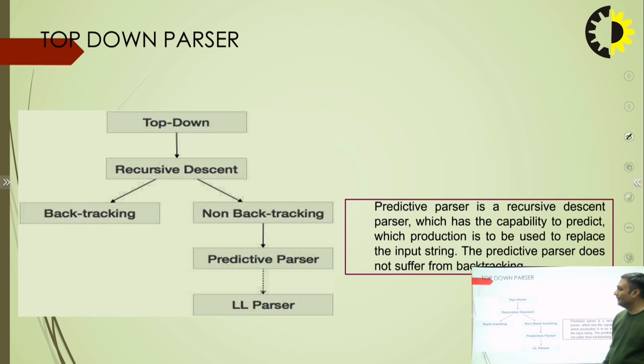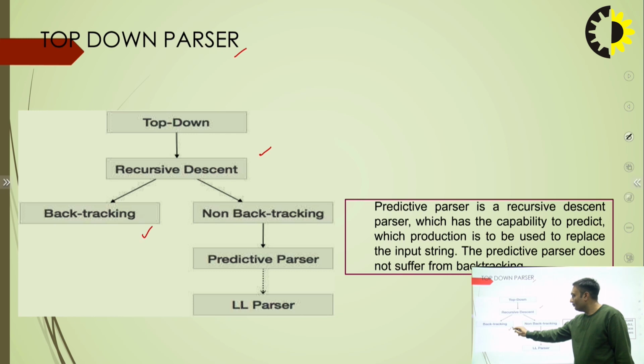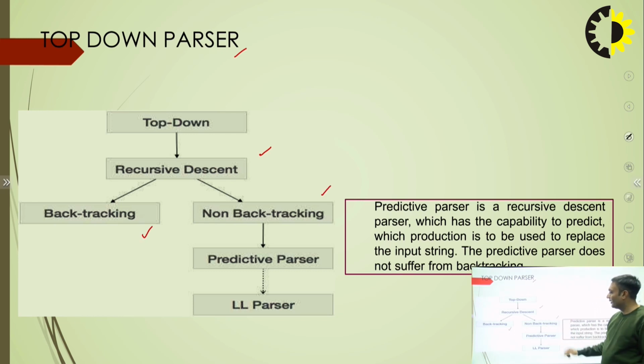In this lecture we will discuss basically the top-down parser, and the top-down parser can be called a recursive descent parser. The recursive descent parser is further divided into two types: parser with backtracking and parser with non-backtracking. The non-backtracking parser is also called a predictive parser, that we will discuss in this lecture, and that is also called an LL parser.